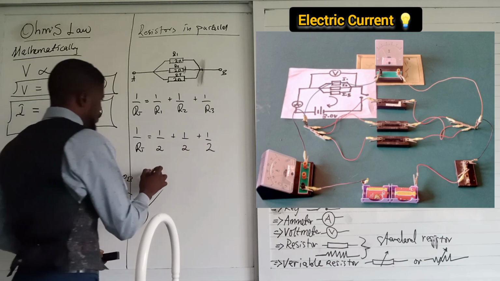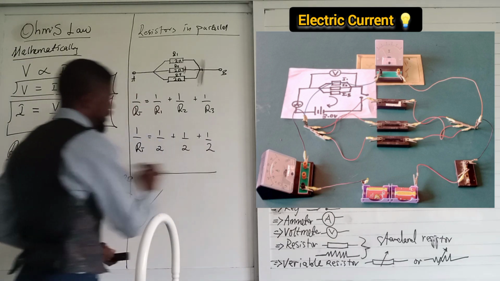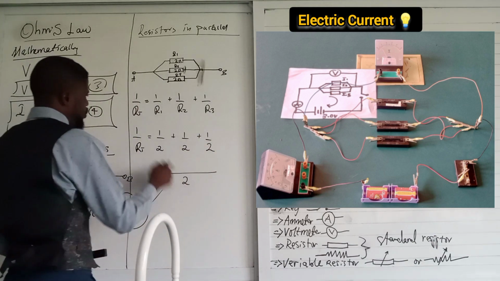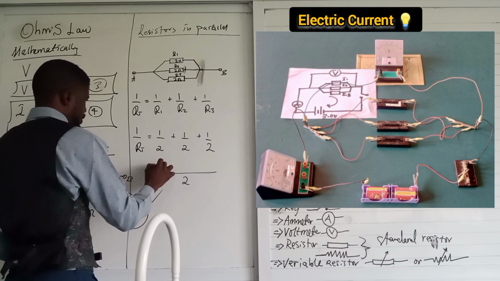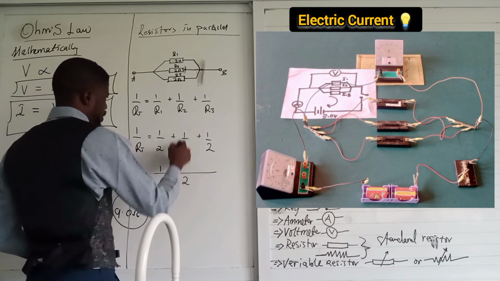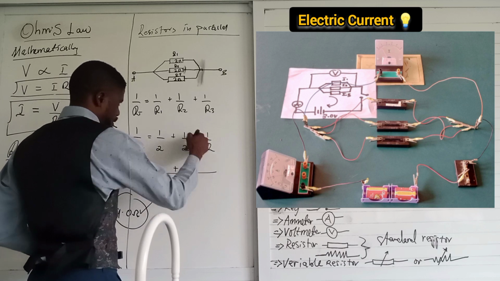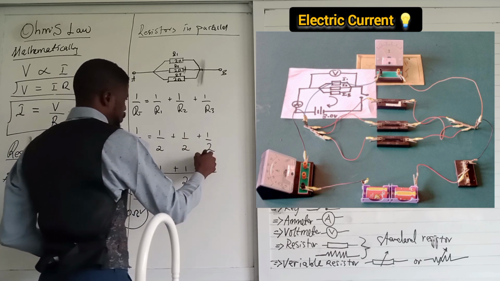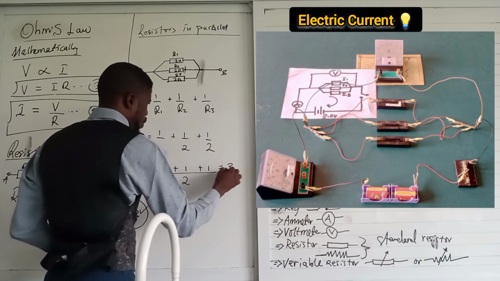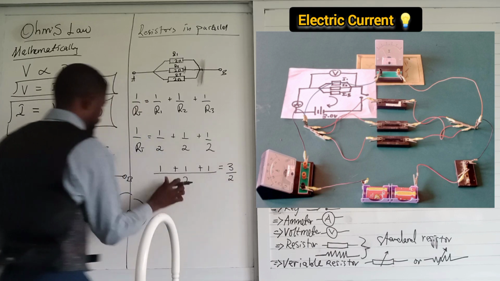At this point, for you to find the combined resistance, you take the LCM, and the LCM is 2. So 2 into 2 is 1, 1 times 1 is 1, so you write 1 here. Bring 1 down. 2 into 2 is 1, 1 times 1 is 1. This plus down, 2 into 2 is 1, 1 times 1 is 1. And so you're going to have 3 all over 2.